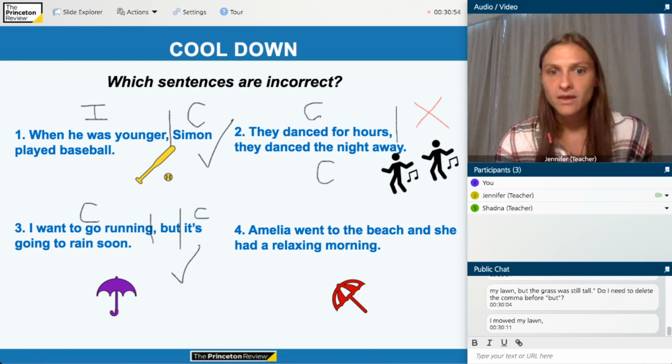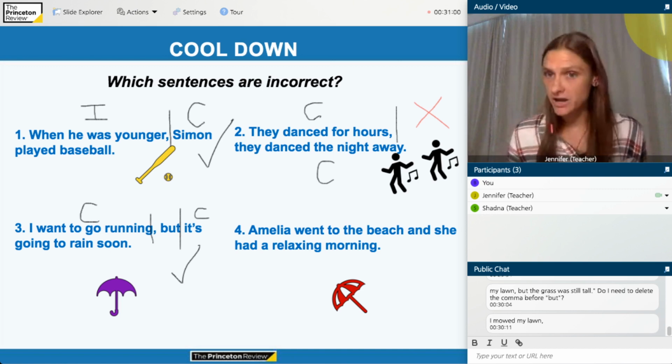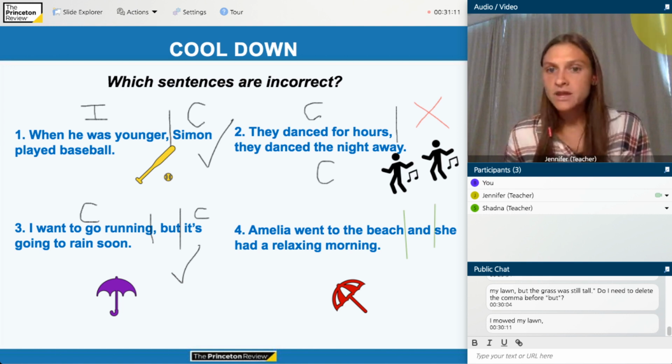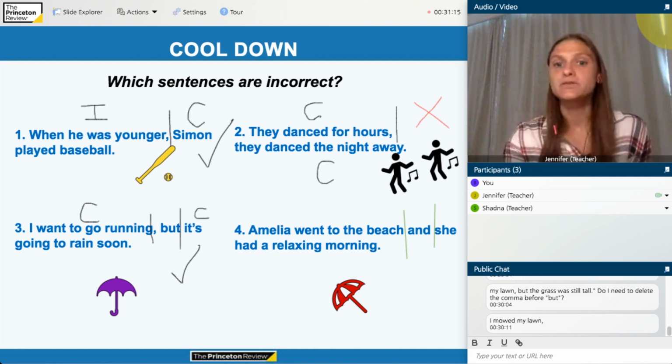And our last one to go through from our initial warm-up: Amelia went to the beach and she had a relaxing morning. So this one, it's another fanboy situation. There's no comma in it. So if we draw those lines and pretend the word and's not there, Amelia went to the beach.